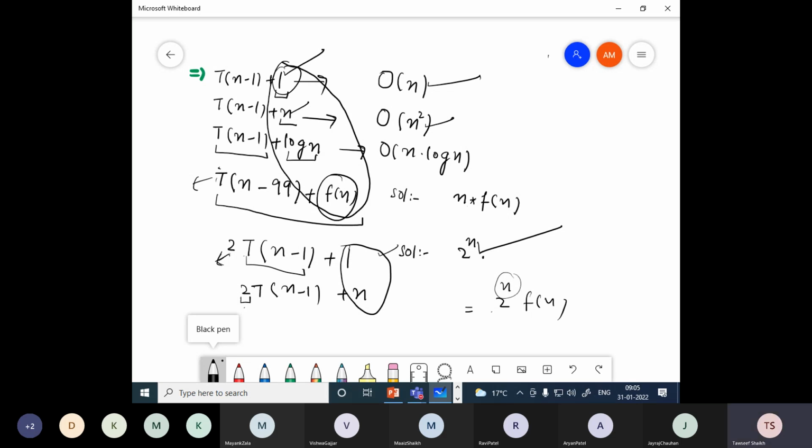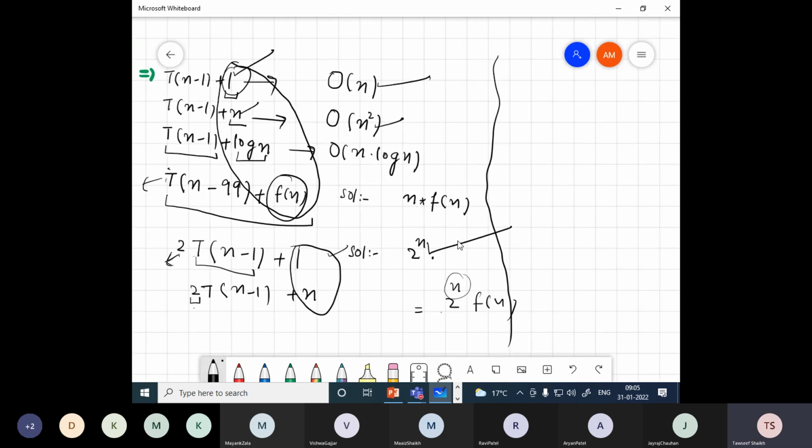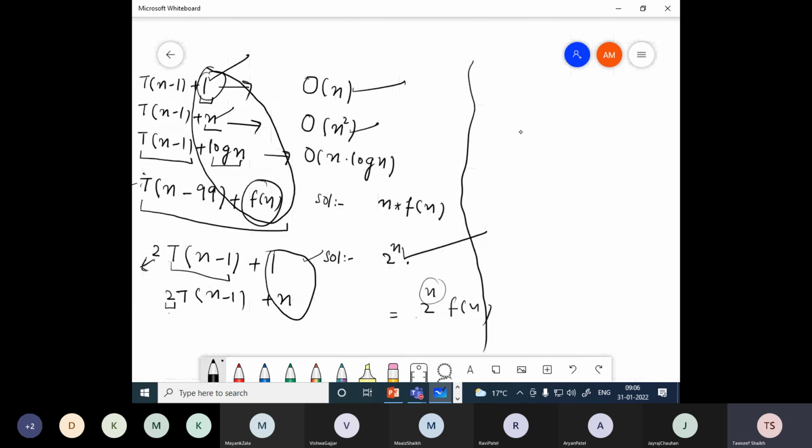So if we make a general representation of all of those recurrence relations, we can say that a recurrence is of the form t of n minus, in place of the value by which we are decreasing n, we denote it by a variable b. Each time we are decreasing the parameter by some value, so instead of writing 1, 2, 3, or 99, we write a variable to make a general equation for this recurrence.